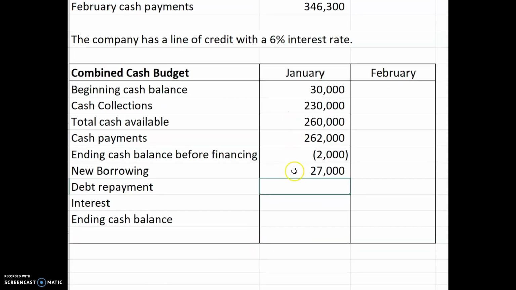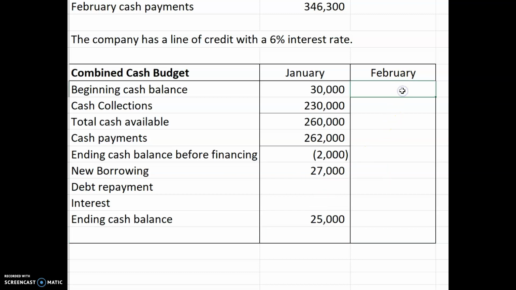So our ending cash balance before financing plus our new borrowing will get us to our ending cash balance of $25,000. So there we've met our required minimum.